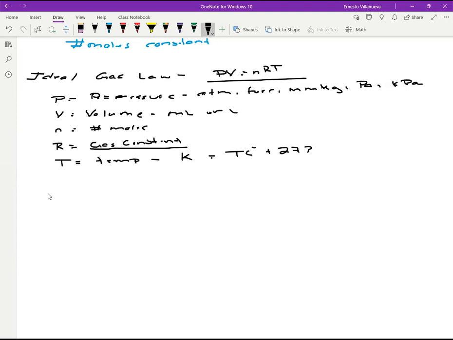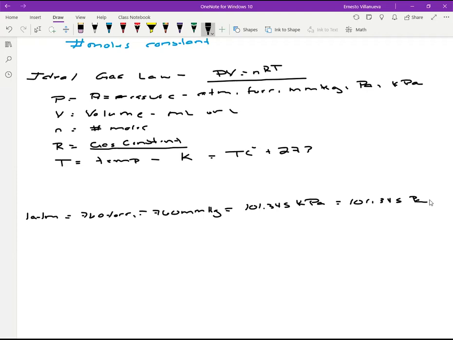Also for reference, remember that 1 atmosphere is equal to 760 torr, if you ever need to convert, which is equal to 760 millimeters of mercury, which is equal to 101.345 kilopascals, which is equal to 101,345 Pascal.